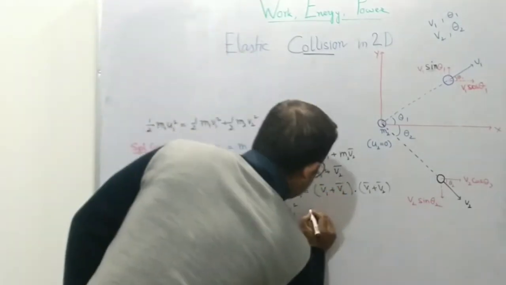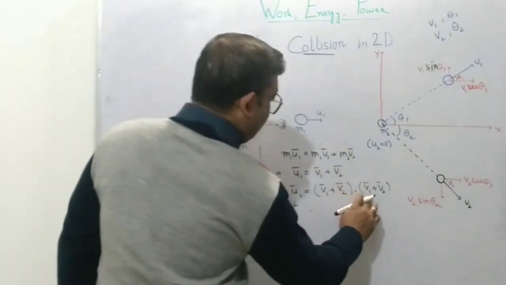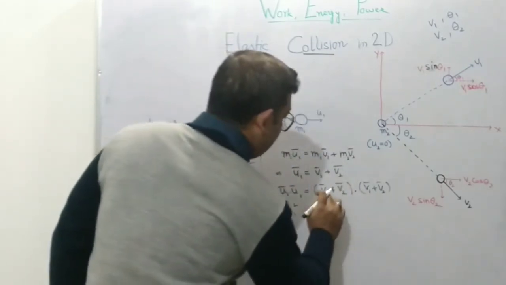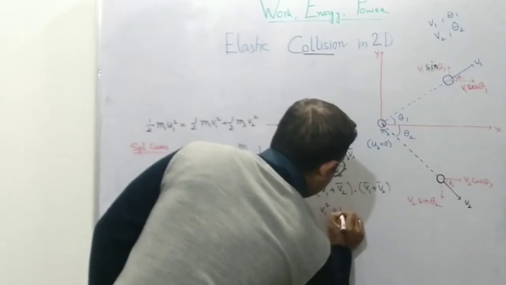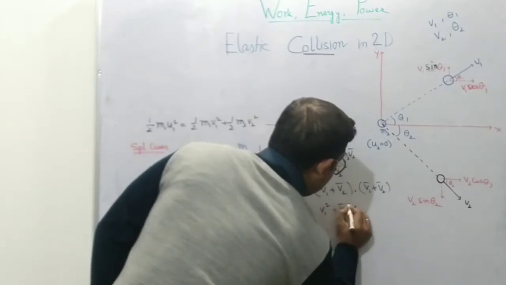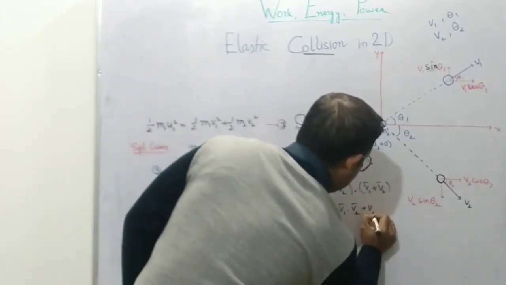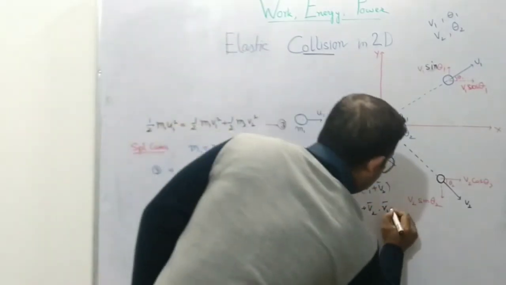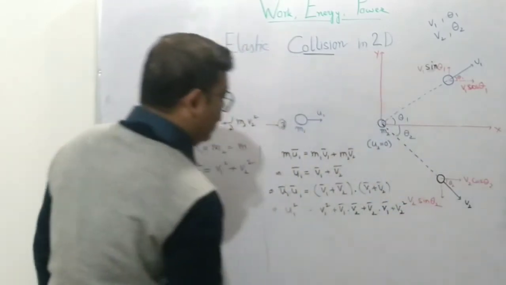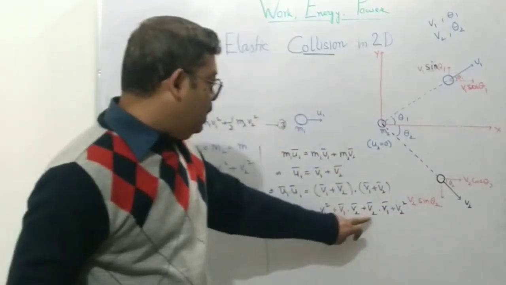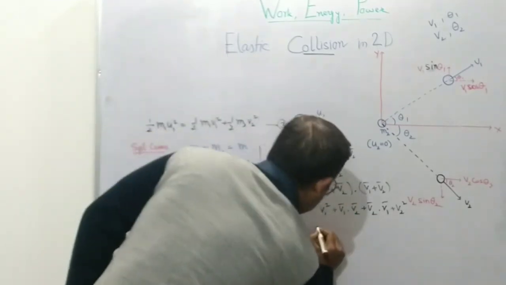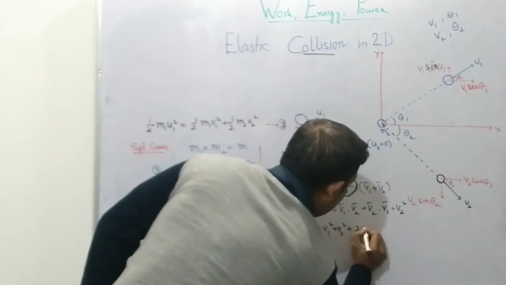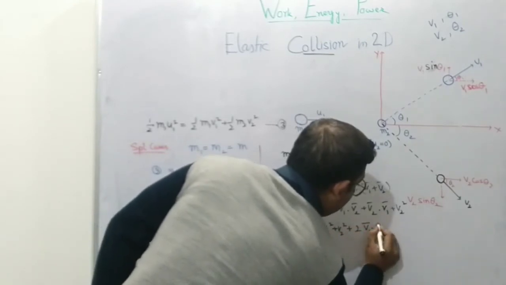Right hand side will be V1 dot V1, V1 squared, plus V1 dot V2 plus V2 dot V1, and then V2 dot V2, that is V2 squared. Now since the dot product is commutative, we can rewrite this equation simply as V1 squared plus V2 squared plus 2 V1 dot V2.